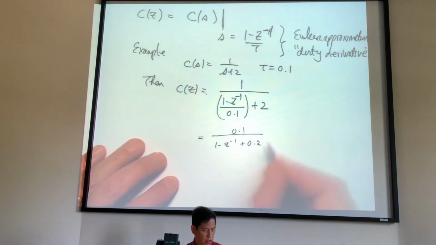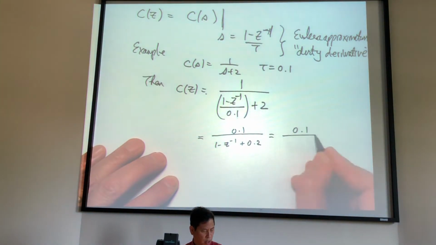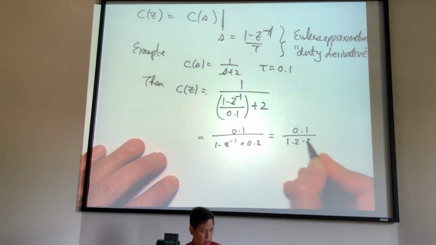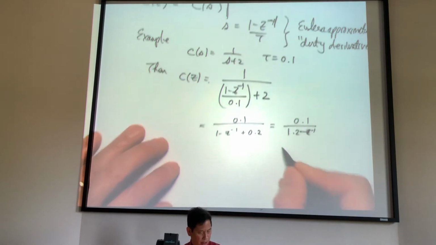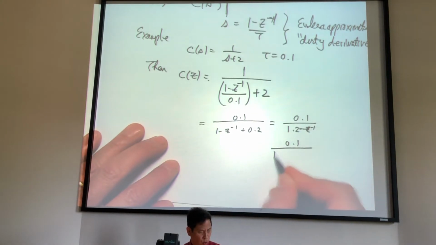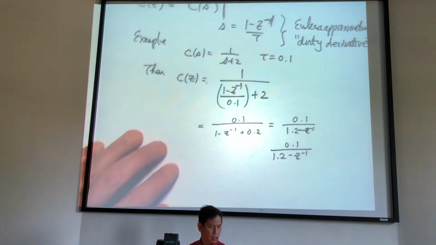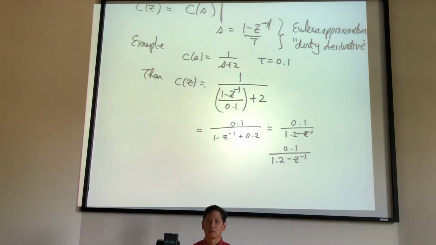Okay, so this becomes 0.1 over 1.2 minus z to the minus 1. Let me clean that up. 0.1 divided by 1.2 minus z to the minus 1. Is that okay? Did I do my algebra okay?